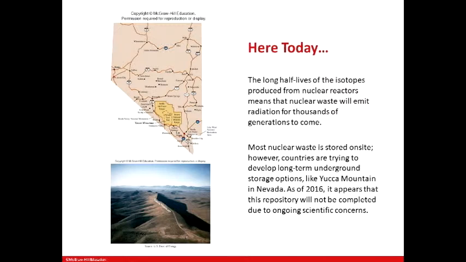Most nuclear waste is stored on site. However, countries are trying to develop long-term underground storage options, like the Yucca Mountains in Nevada. As of 2016, it appears that this repository will not be completed due to ongoing scientific concerns.